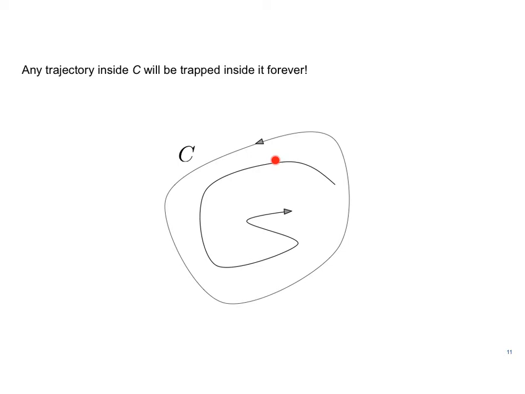But this trajectory, this particle, is not allowed to go through the closed orbit, because in that moment we would have a violation of the uniqueness of the solution. Therefore, the trajectory must remain confined forever. And this is what makes the phase plane a very attractive strategy to study nonlinear systems, because you can have portions of the phase plane that can be well understood.